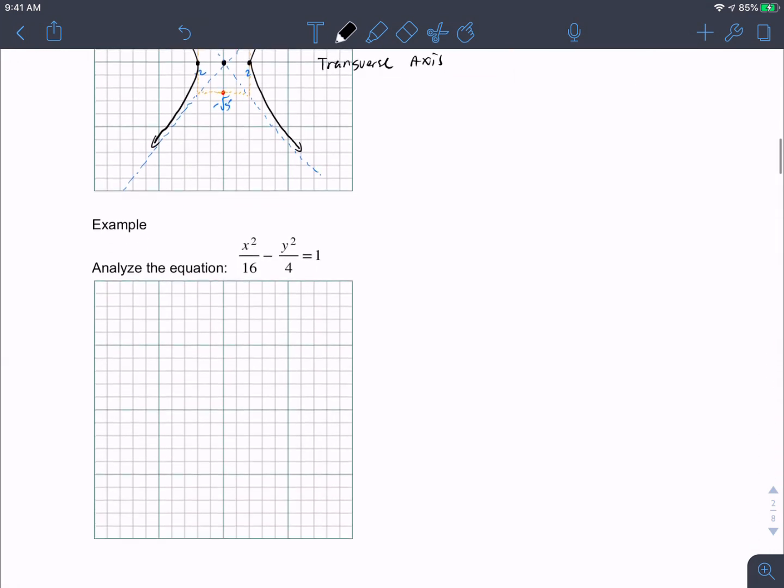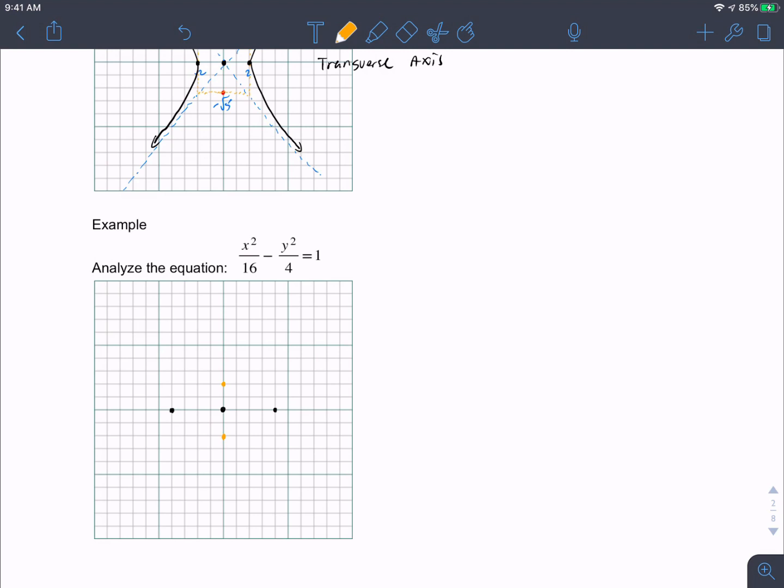Here's this one. Again, we see that this is going to open from right to left, and the reason it opens from right to left is because the x squared term is positive. And so we know it's going to be at the origin. Because it's 16, the square root of 16 is going to give us plus and minus 4, and that's where the vertex is going to occur. And then we know that the square root of 4 is plus and minus 2.